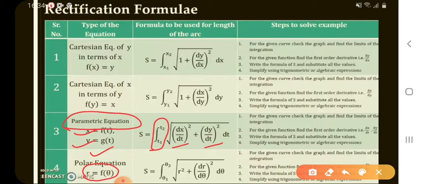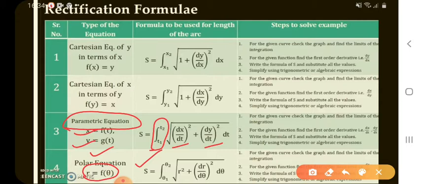We find dr by d theta. After finding all these values we substitute in the formula. What is the formula here? S equals integral theta 1 to theta 2 root r square plus dr by d theta whole square, where r is the given equation and dr by d theta is the derivative of r with respect to theta. These are the four formulas.